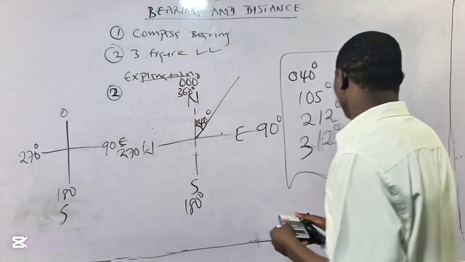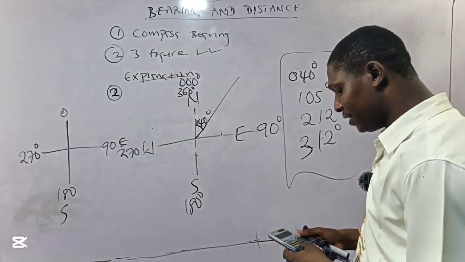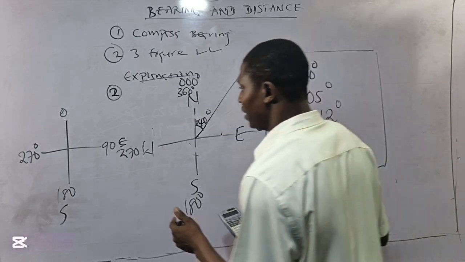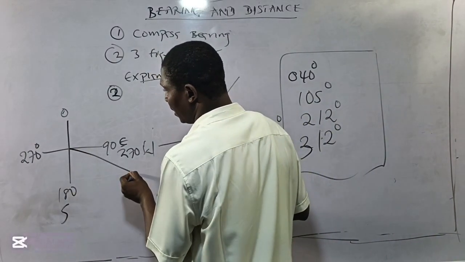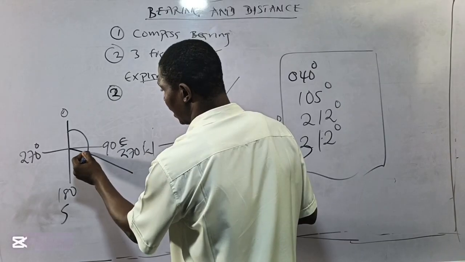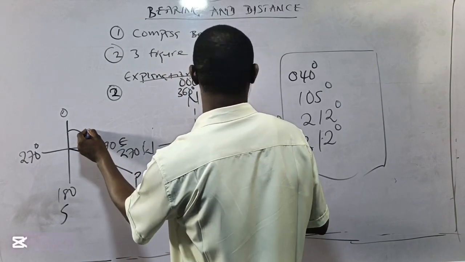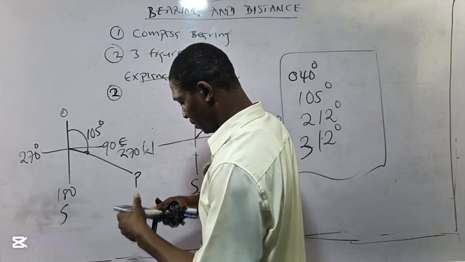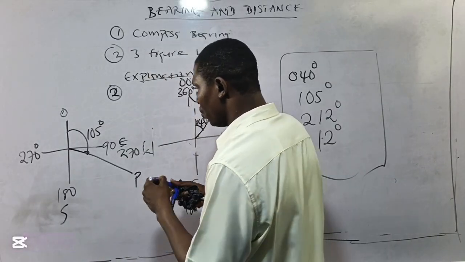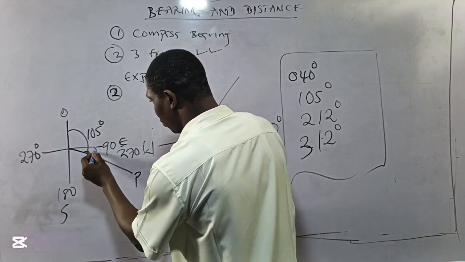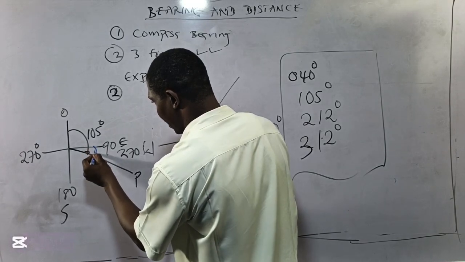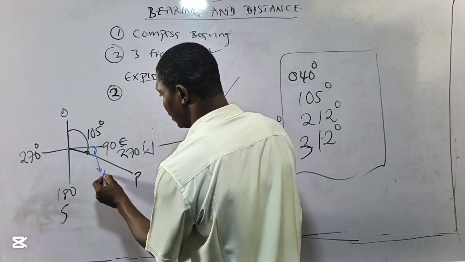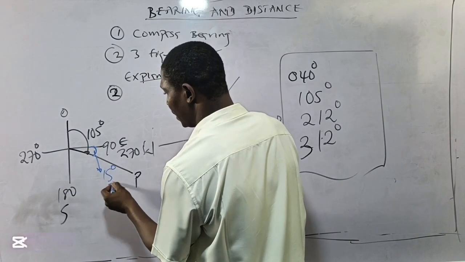Southeast. Now, 105 minus 90 will give me 15. So I just have 15 degrees. From here to this angle, this point is 105 degrees. But this is my little angle here, from here to here. This little angle will be 105 minus 90, which will give me 15 degrees.